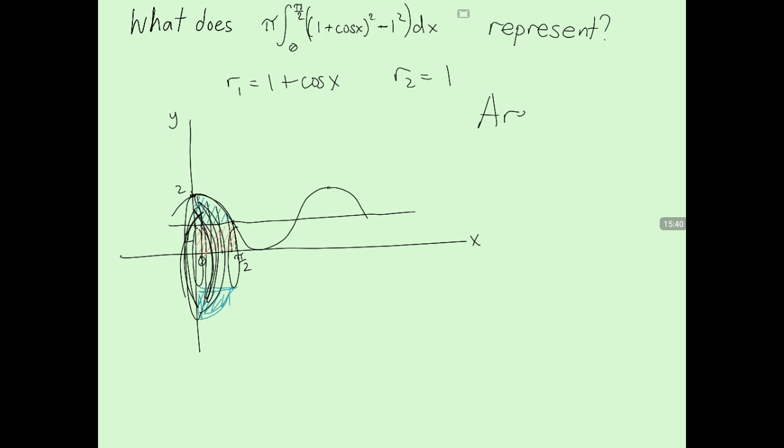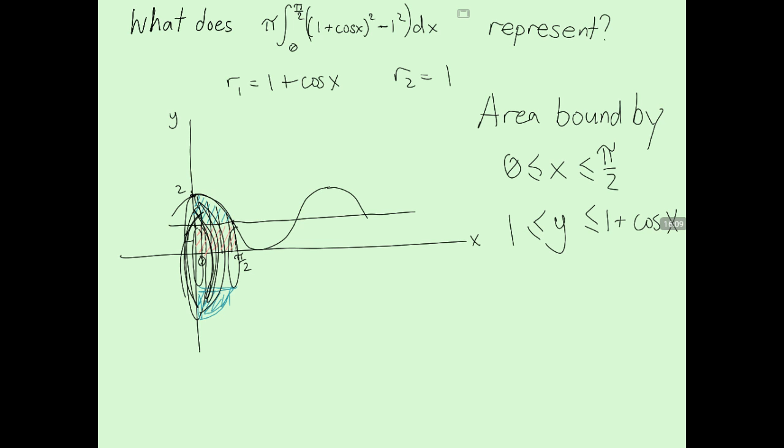So this represents the area bound by the region between 0 and pi over 2. And our y is going to be between 1 plus cos x and 1, and this is rotated around the x-axis.